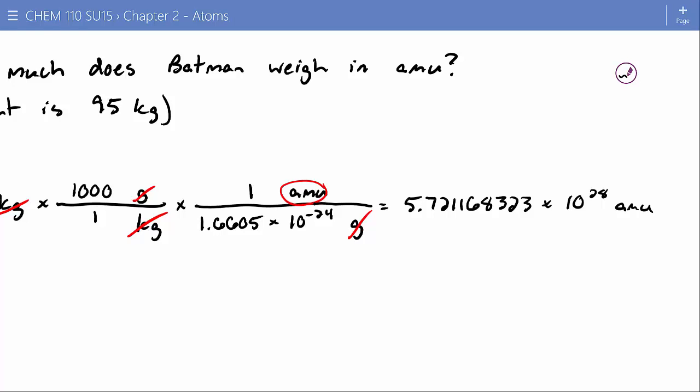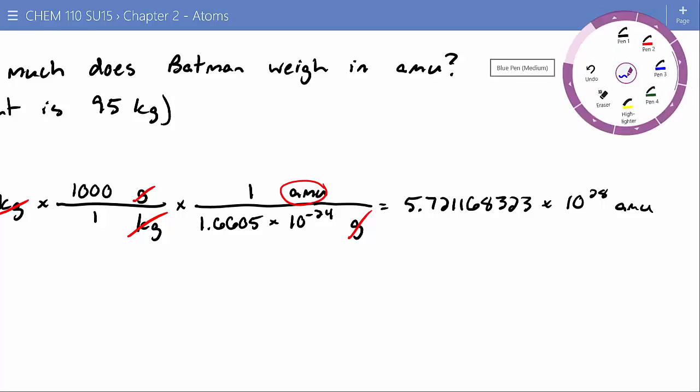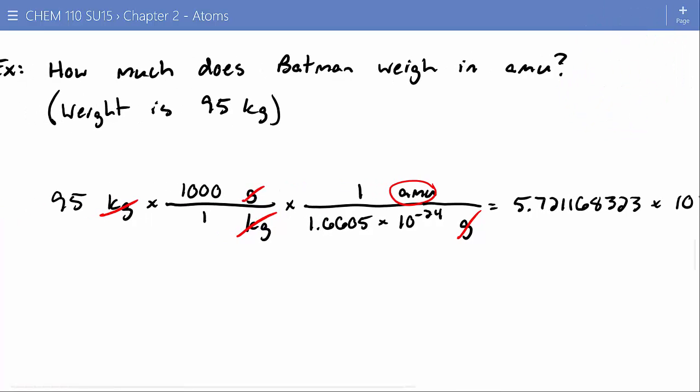AMU. Is that our correct answer? Or do we need to do anything else with it? Sig Figs, right? So let's go back and look at this initial one. We had 2 Sig Figs here. This is defined, so it doesn't matter. And then we've got 5 Sig Figs over here. So our final answer should only have how many Sig Figs?